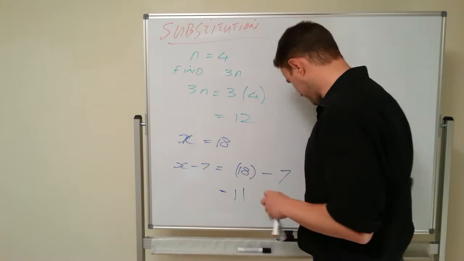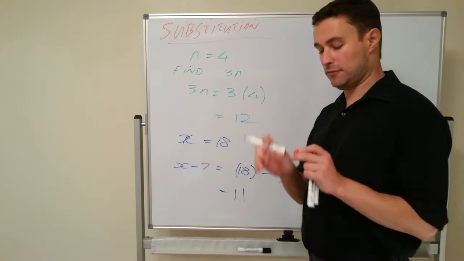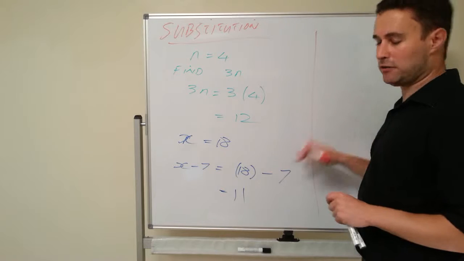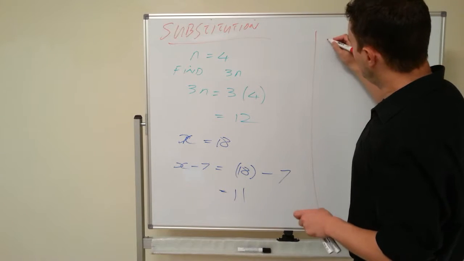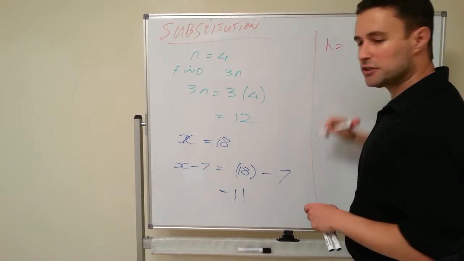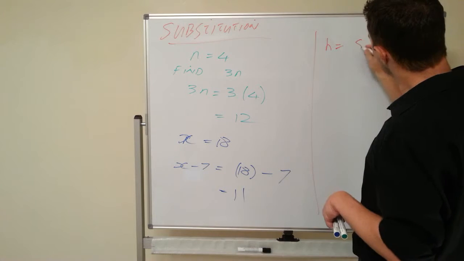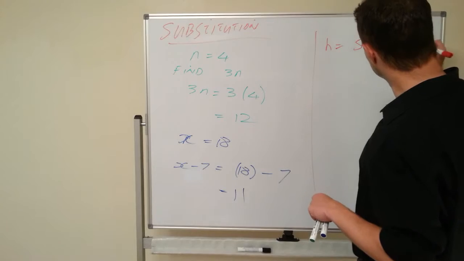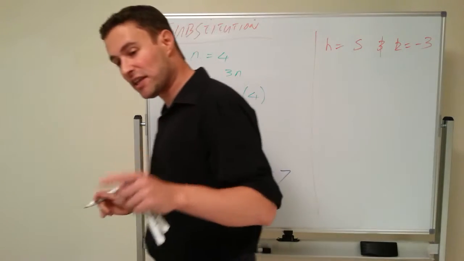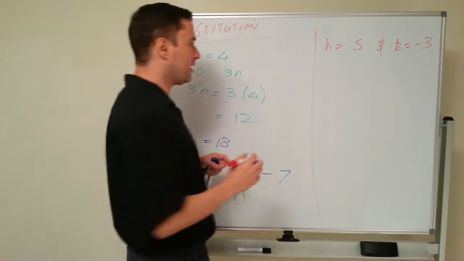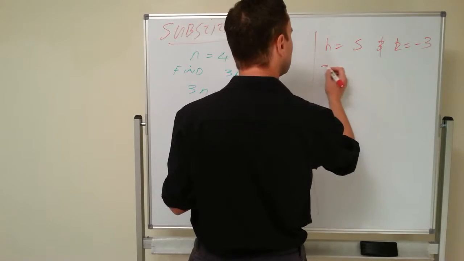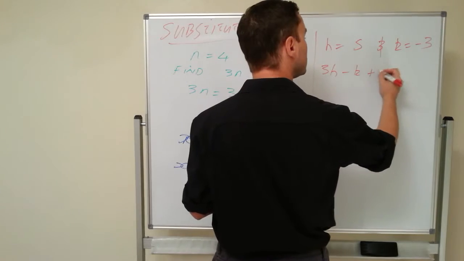Now, let's look at when this actually starts to become a little bit challenging, why I suggest using the brackets. So, here we go. Red for slightly harder. Right, I'm going to work on this side, you would work underneath. So, if h equals 5, and k equals negative 3, find 3h minus k plus 2.